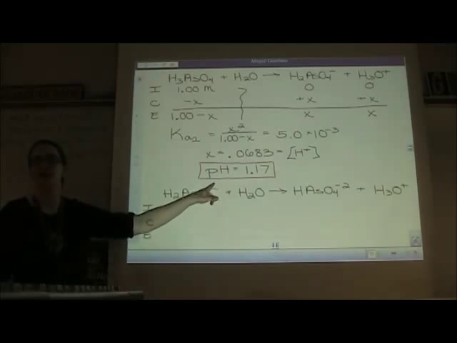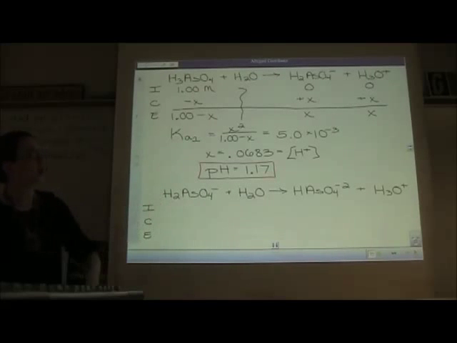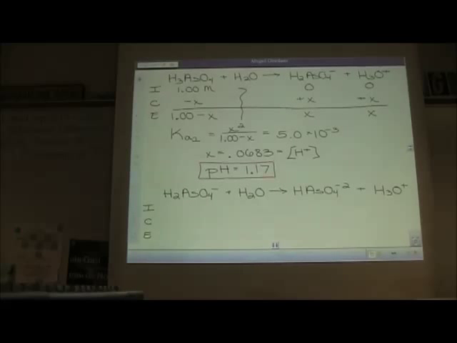And what would the number be? X, which we found to be 0.068. Still don't care about water. How about this one? No, it wasn't even in the equation, so that's 0. How about this one? Plus X, plus X.